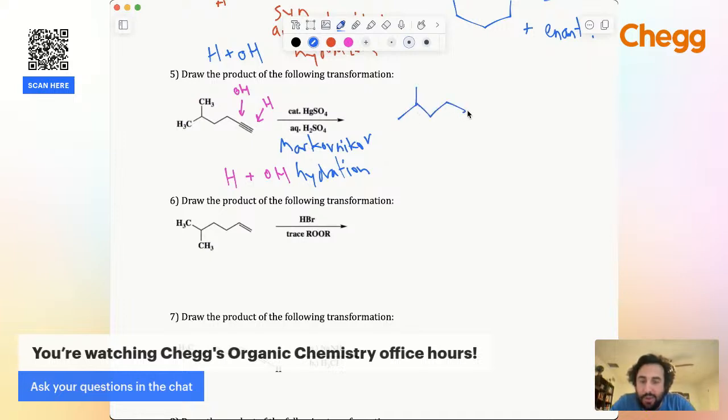The thing that we need to understand here is that if we are doing an addition reaction on an alkyne, and the H is implied, there are 2 pi bonds in the alkyne, right? And only one of them is reacting.